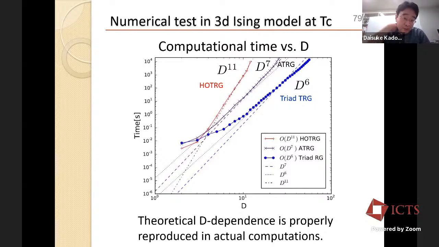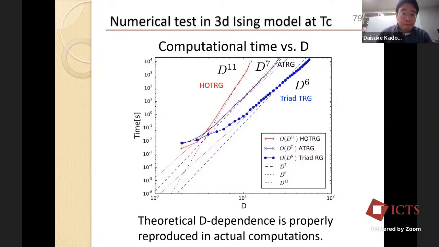And this figure shows the numerical test results in the three-dimensional Ising model at critical temperature. The x-axis denotes D-cut, and the y-axis is real computational time. So the theoretical D-dependence is properly reproduced in actual computations, as you can see in this figure.